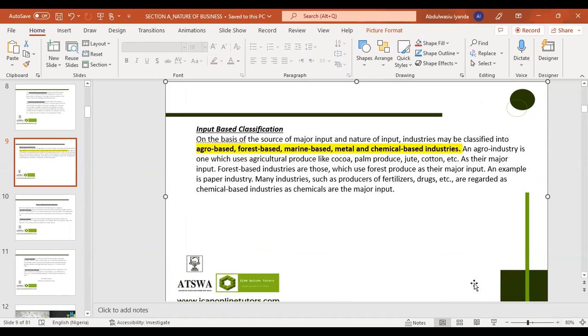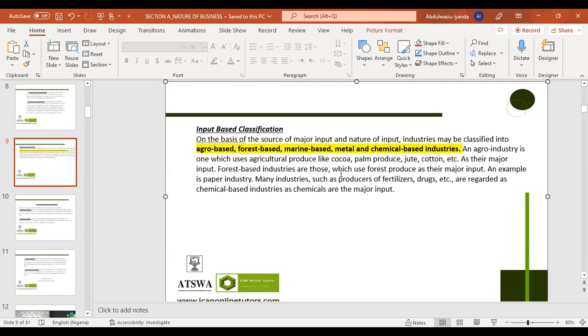An agro industry is one which uses agricultural produce as their major input, from the word agro. A forest-based industry is one which uses forest produce as its major input.